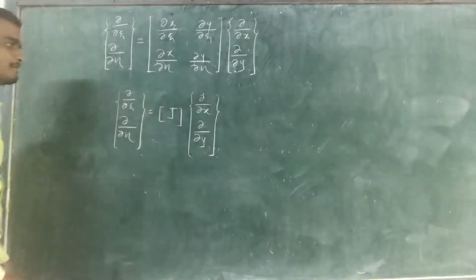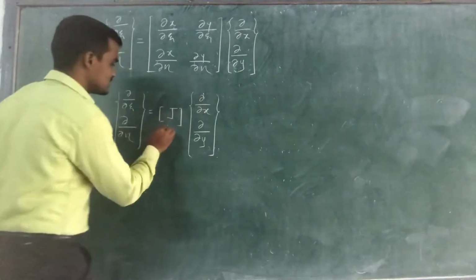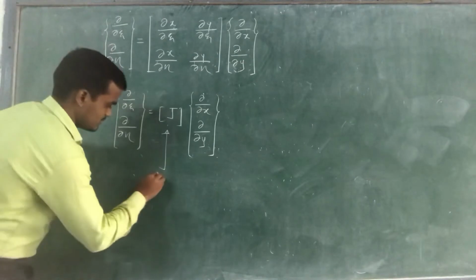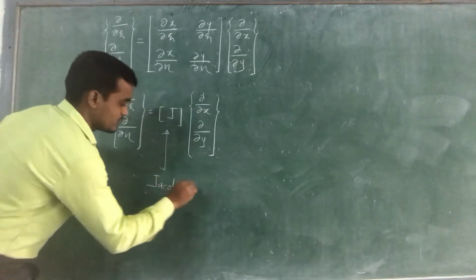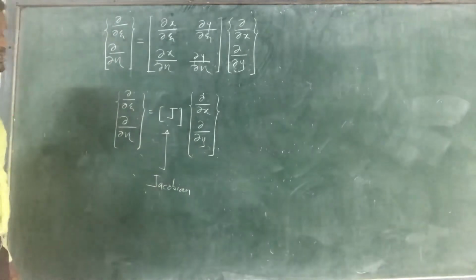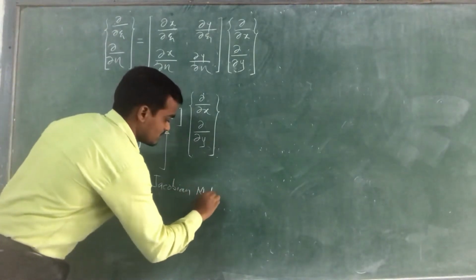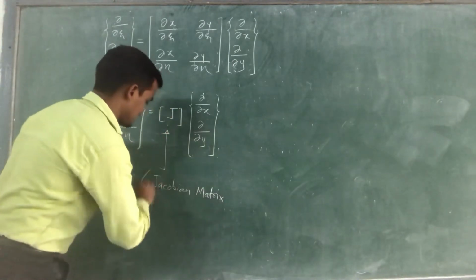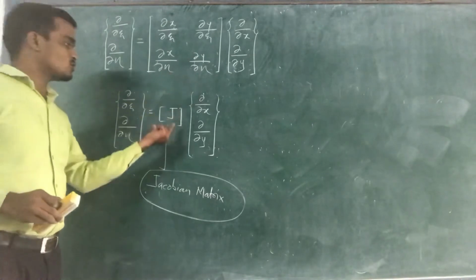Okay. But this J is nothing but your Jacobian. This term we have actually covered in your third unit. So this J is nothing but the Jacobian matrix. Okay. So this matrix is known as the Jacobian matrix.